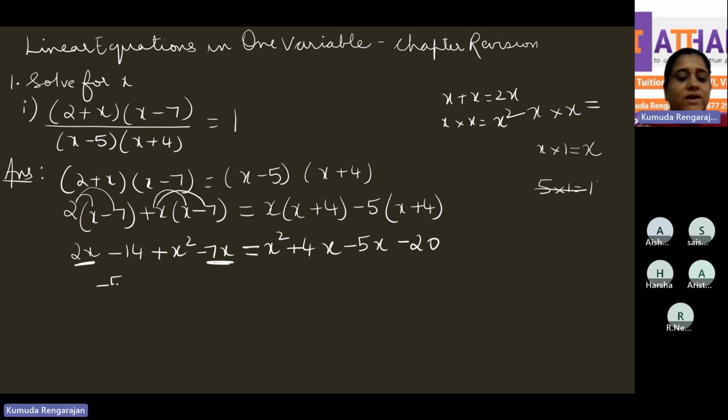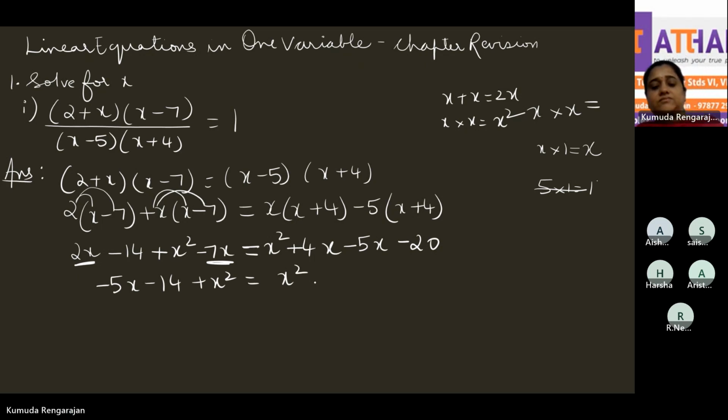So minus 14 plus x squared is equal to x squared plus 4x minus 5x minus 20. These are like terms, which will be minus 1x, minus 20. Correct.